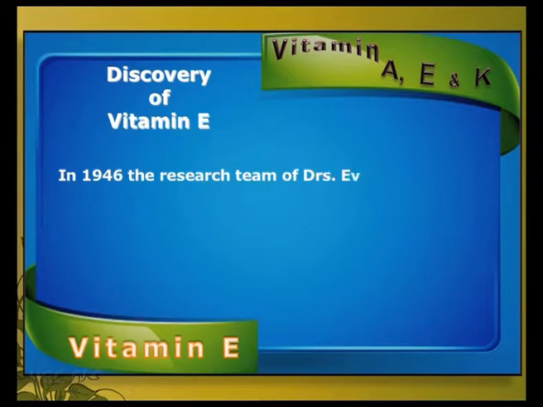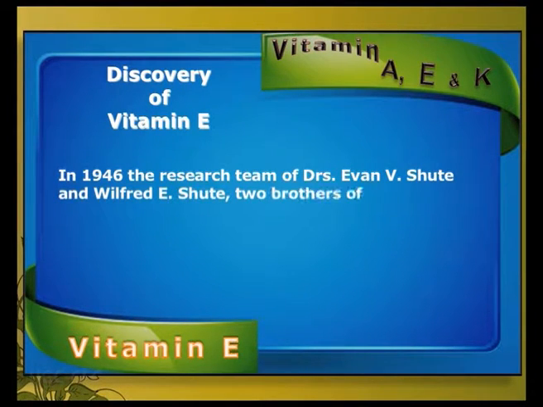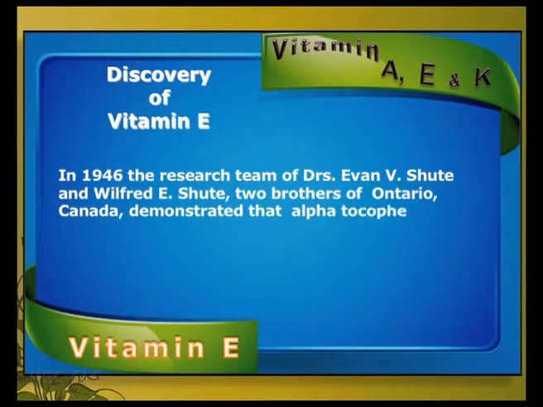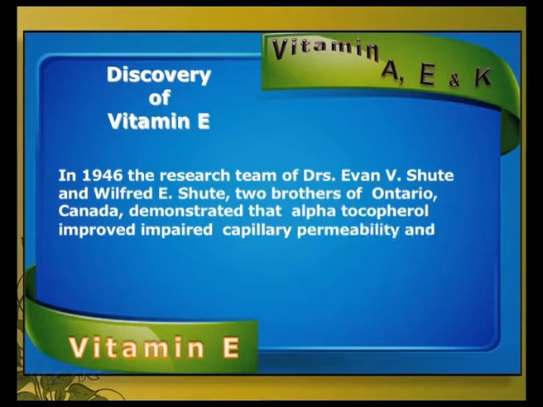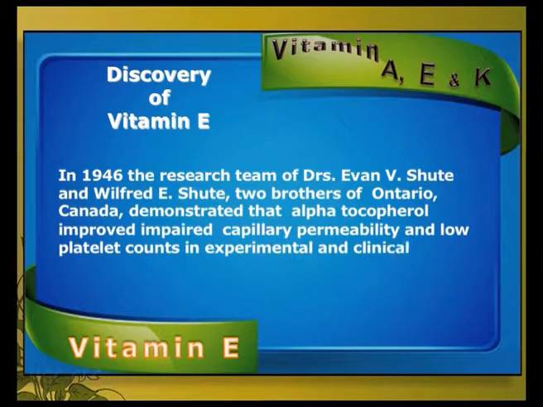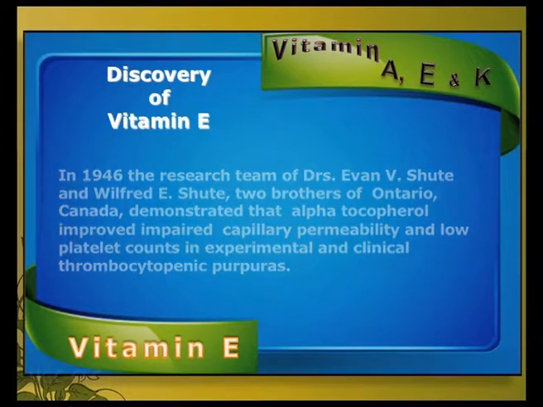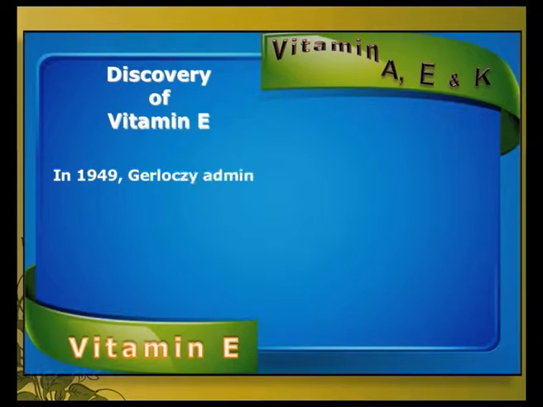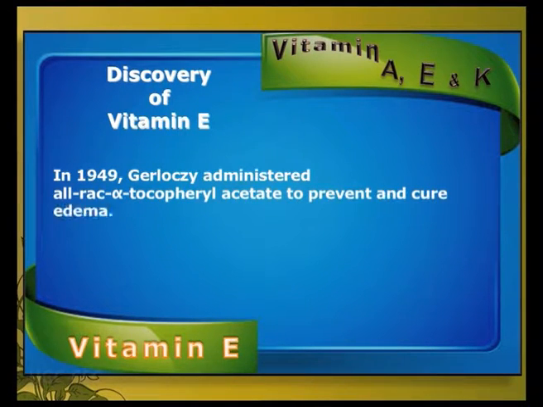In 1946, a research team led by two brothers of Ontario, Canada, namely Ivan Schutt and Wilfred Schutt, showed that alpha tocopherol improved impaired capillary permeability and low platelet count in experimental and clinical thrombocytopenic purpura.